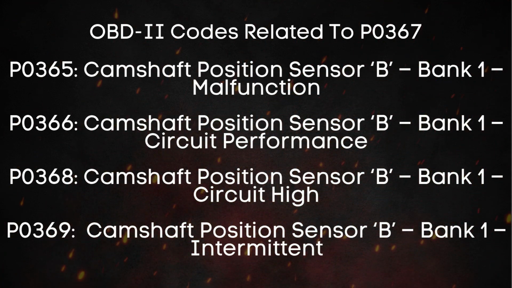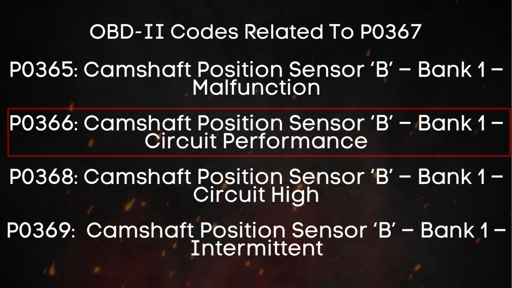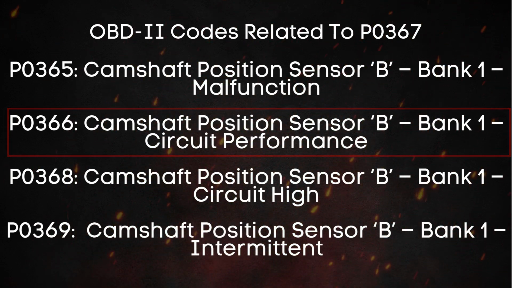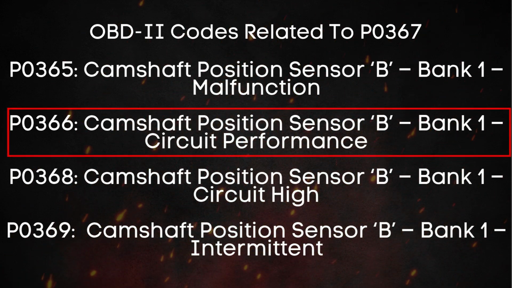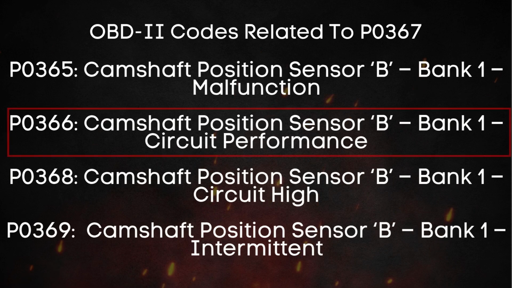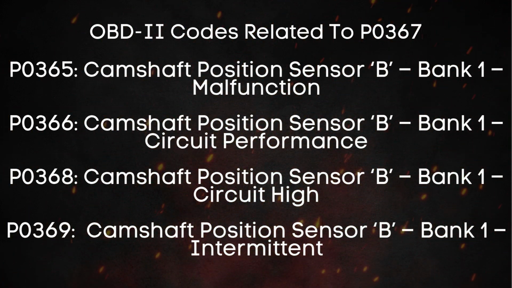Then there's P0366, which means Exhaust Camshaft Position Sensor for Bank 1 has a performance problem. In simple terms, it means that the signal from the exhaust camshaft sensor on Bank 1 is either out of range or not performing as expected. It could be due to incorrect timing, interference, or a weak signal.